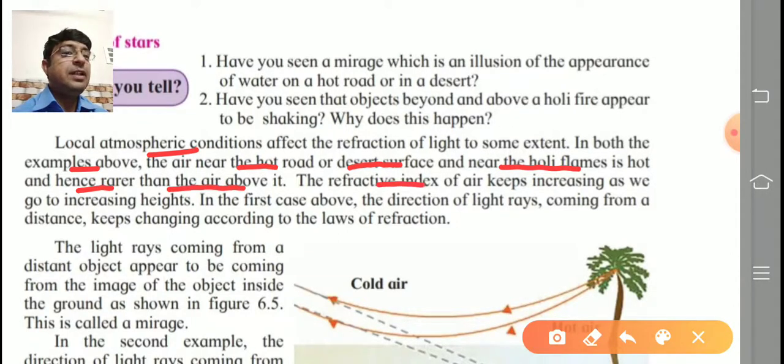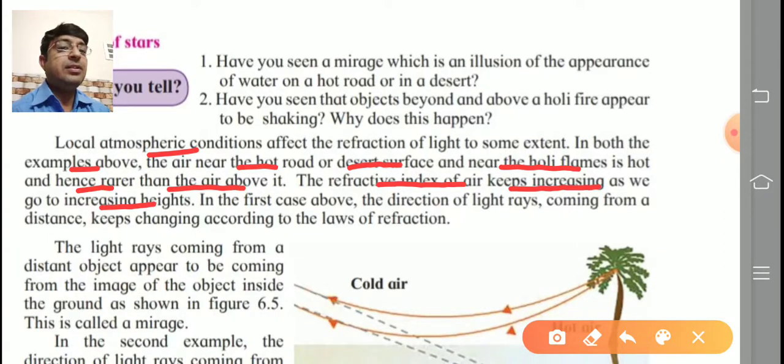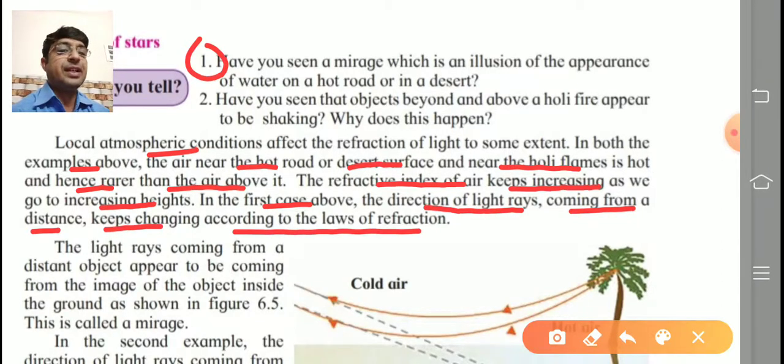The refractive index of air keeps increasing as we go to increasing height. In the first case above, the direction of light rays coming from a distance keeps changing according to laws of refraction.